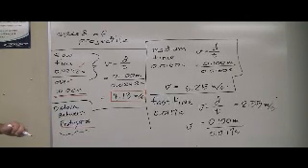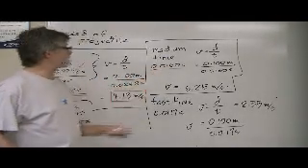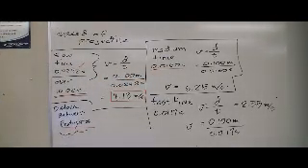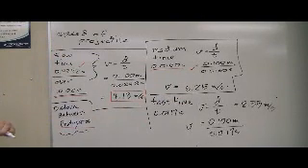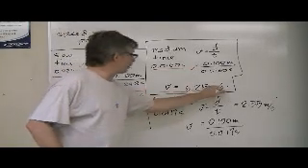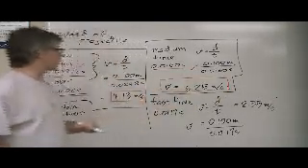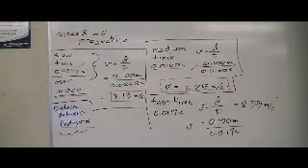For the medium speed, we found that the projectile moved through the two photo gates in 0.016 seconds, or 16 thousandths of a second. And of course, if we take the same equation, distance over time, 0.1 meters divided by 0.016 seconds, we get a speed for the medium projectile of 6.25.